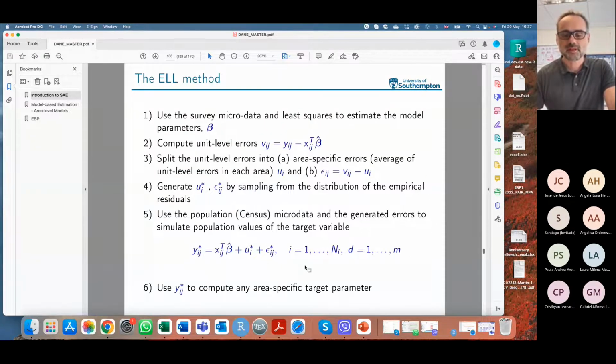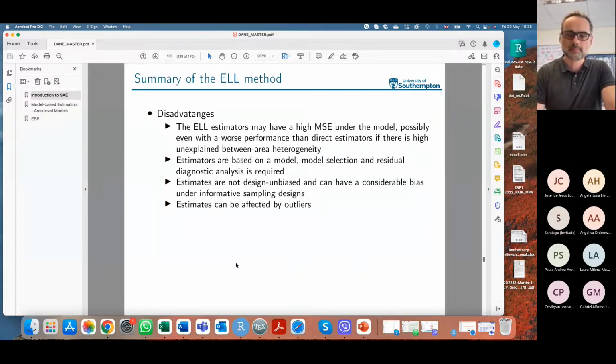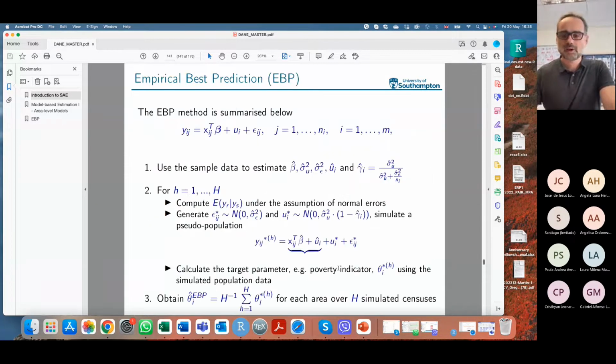If I go back to the ELL method, these are the values of y_ij star. This is how I'm generating synthetic population values, as h_ij beta hat plus a realization of u_i star plus a realization of epsilon_ij star, but I don't have a u_i hat here. Whereas under the EBP method, because I condition on the sample data, you have an additional term in this prediction.